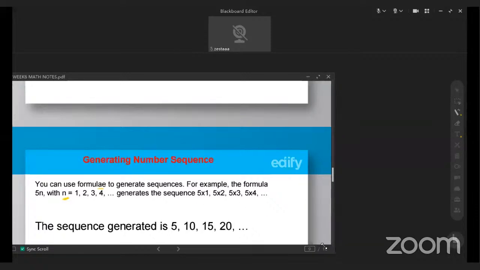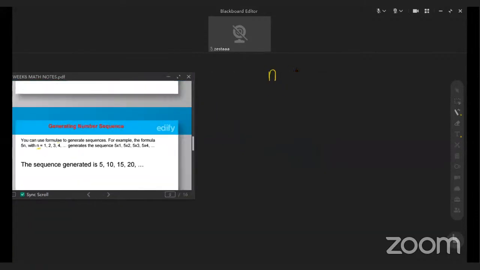Here in the formula, n are values. They can start from 0, or in most cases from 1 onwards: 1, 2, 3, 4 onwards. They are numbers that are increasing.